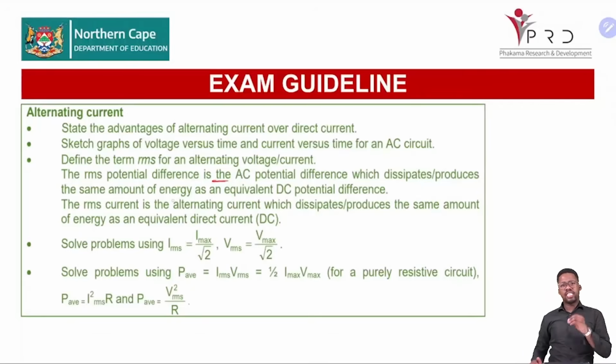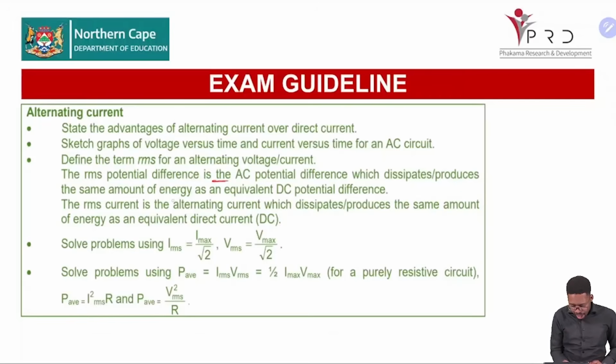So RMS potential difference is defined as an AC potential difference which dissipates the same amount of energy as an equivalent DC potential difference. Then you must define current RMS. RMS current is the alternating current which dissipates the same amount of energy as an equivalent direct current.